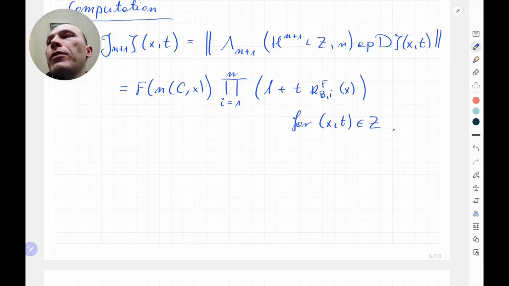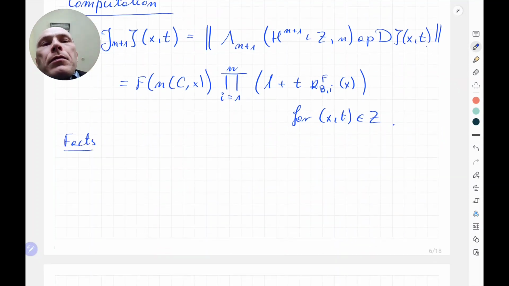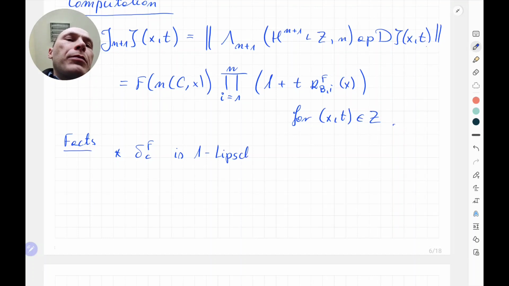Now a few more facts. The first fact is that the distance function is actually one-Lipschitz with respect to some norms. From there, the Rademacher theorem says that it's differentiable almost everywhere.